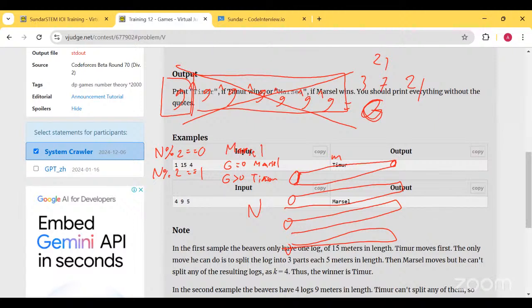Yes, the great solution is to find the Grundy.